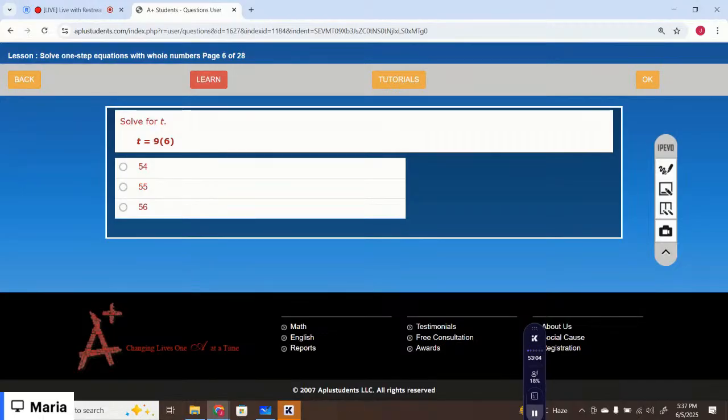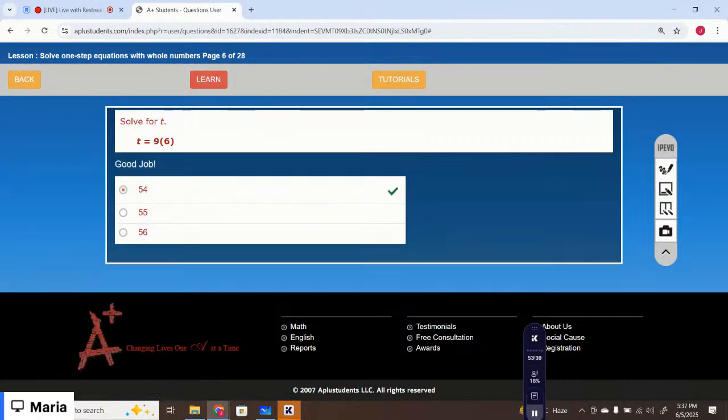Solve for t equals 9 times 6. That is 54.